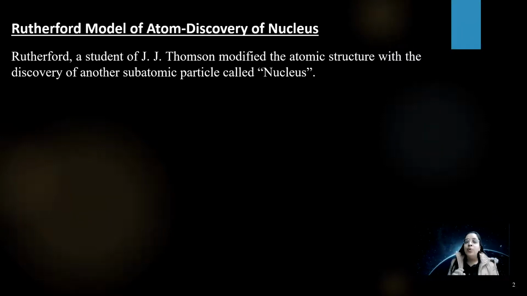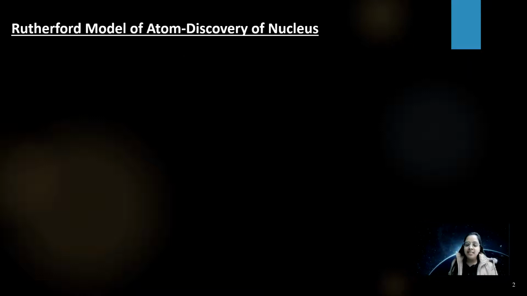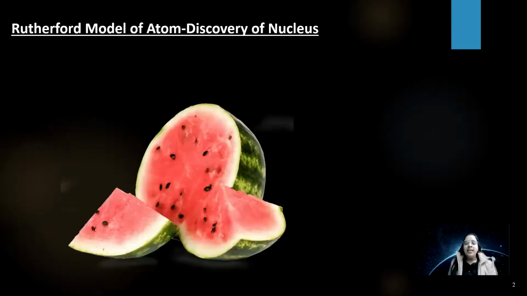He's the one who visualized the atom for the first time. How did he visualize it? He gave us the example of a watermelon. In a watermelon, there is a red portion and the black seeds are embedded in this red portion.